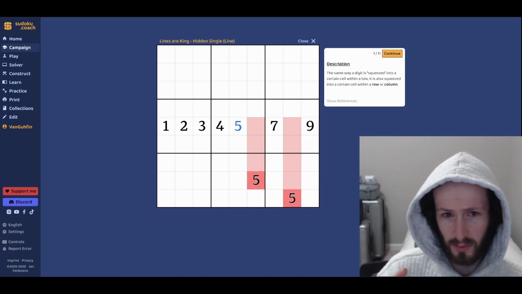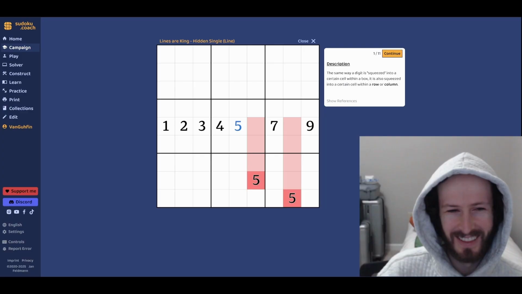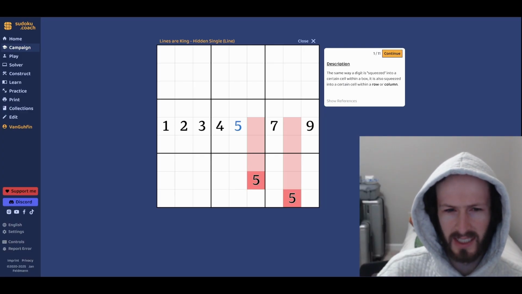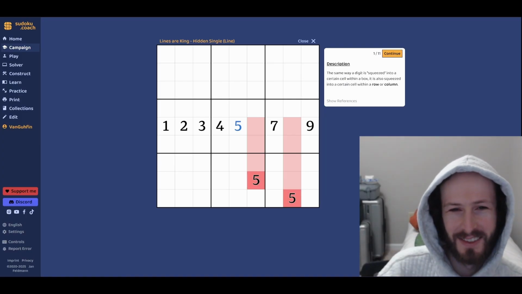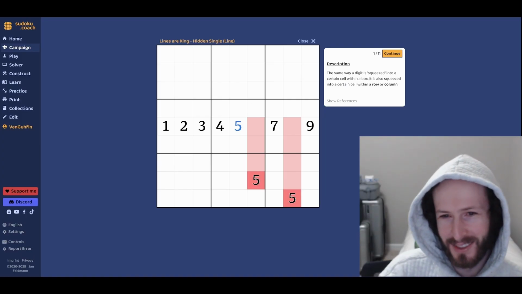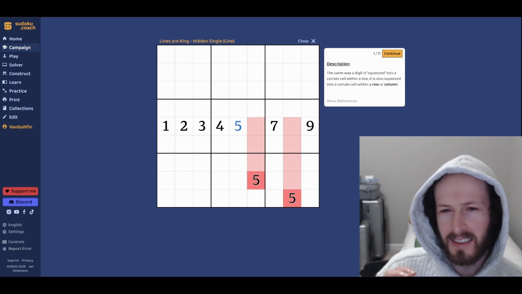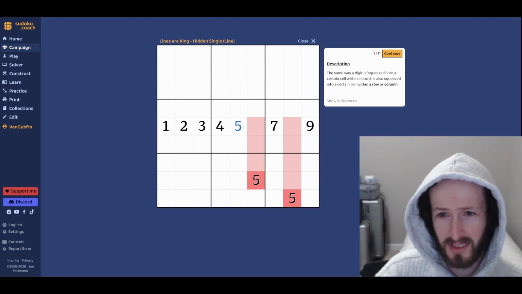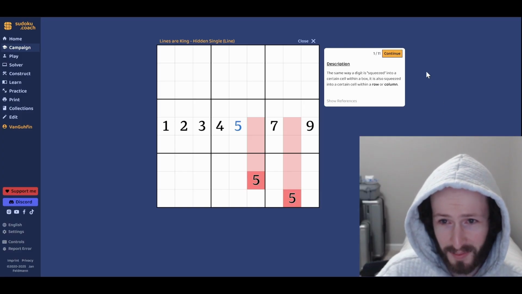And I'm going to read the description, and hopefully that will make it seem like I understand what I'm talking about. So, the hidden single line. The same way a digit is squeezed into a certain cell within a box, it's also squeezed into a certain cell within a row or column.